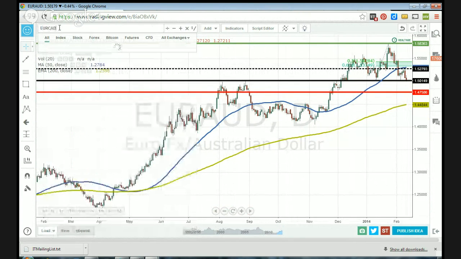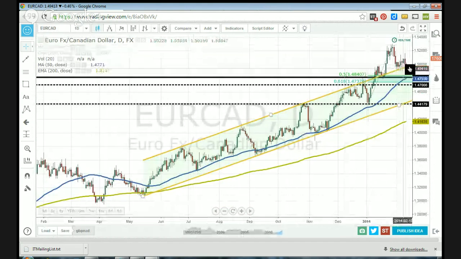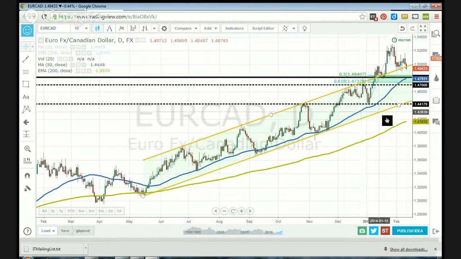Euro Canada. We talked about this: some traders may want to go long because it broke out of the price channel and came back to test it. I don't like that strategy, but it fell through, and I am still interested in whether it can fall to this black line here, which is about 48, 48.10, something like that.